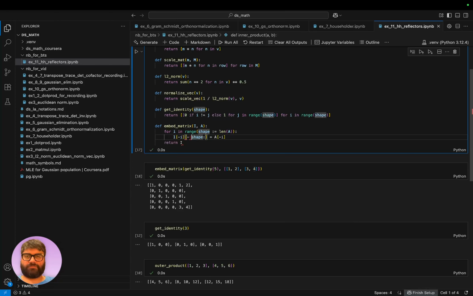Maybe it's just negative shape. I think it is just negative shape. Yeah, no.